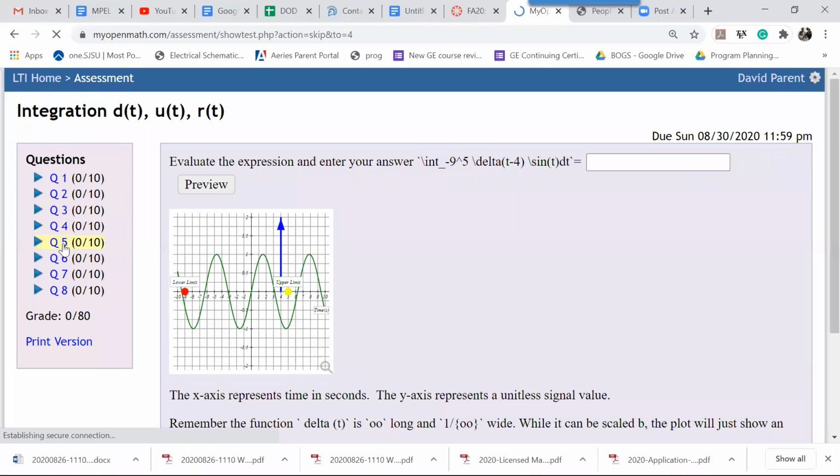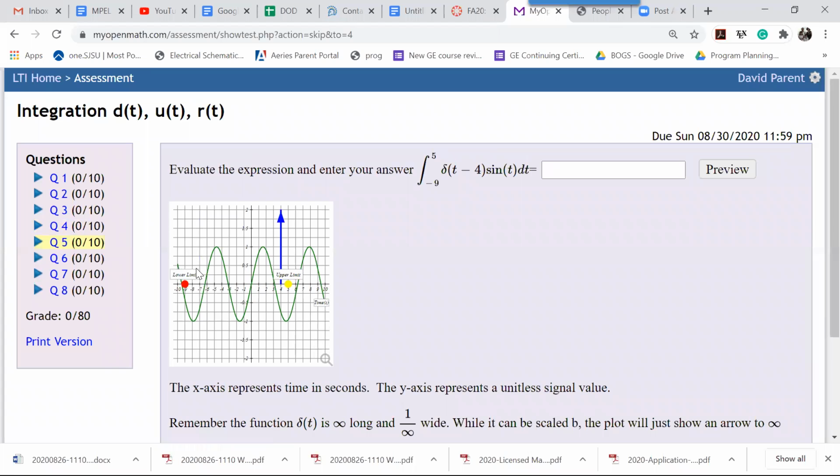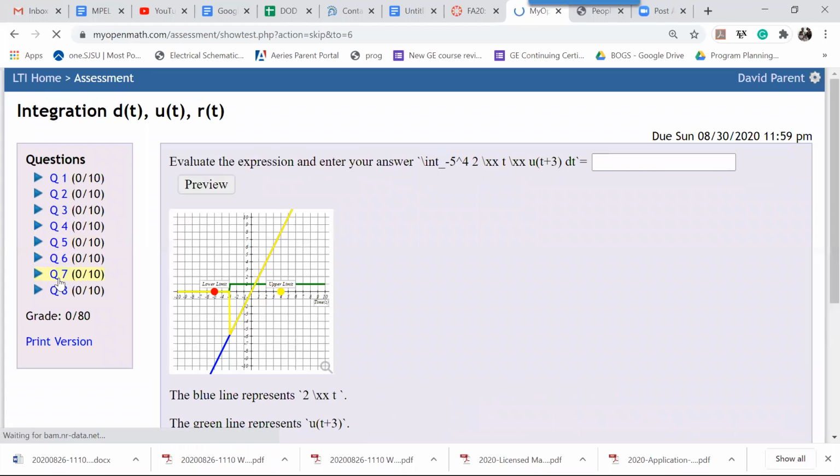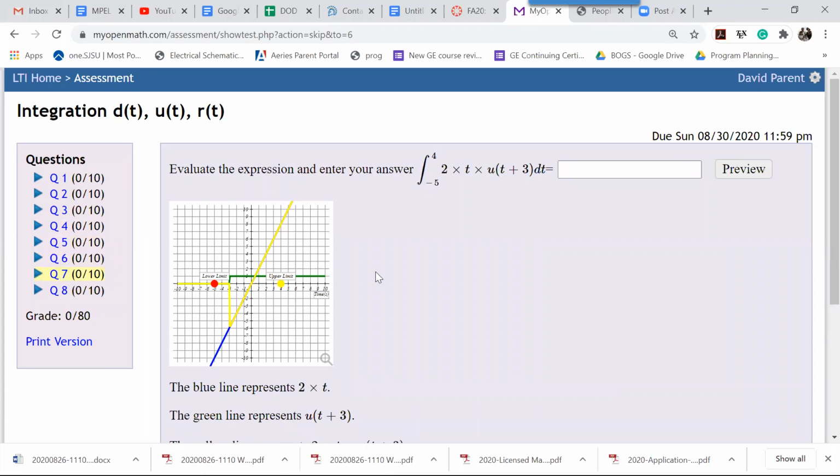Then we have the same kind of question, but with limits. These ones are a little trickier. You have to really keep track. You have limits, but then we also have ramp functions and steps.